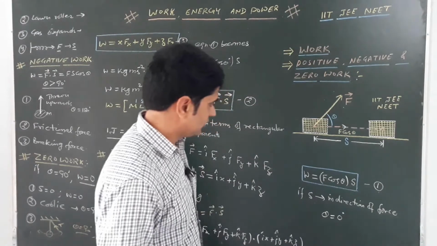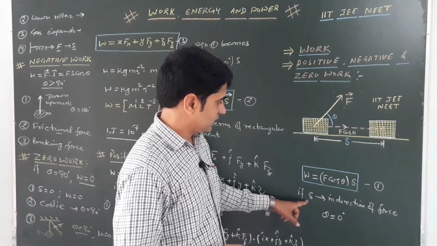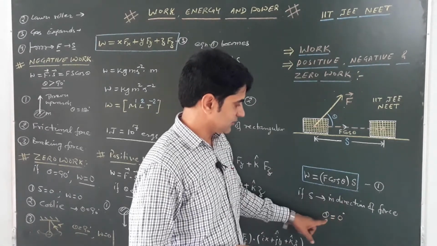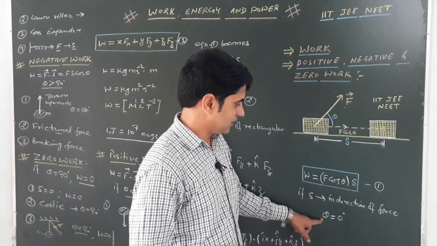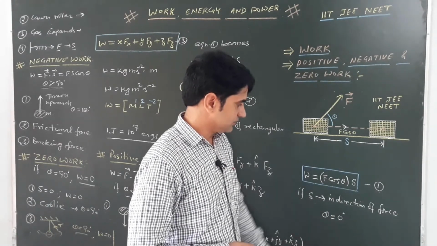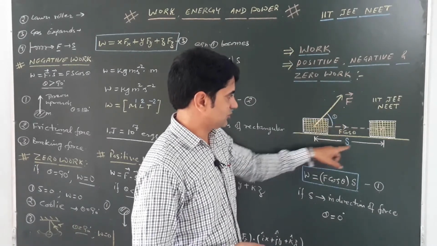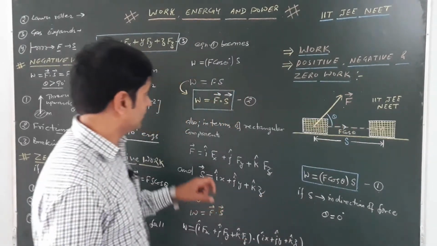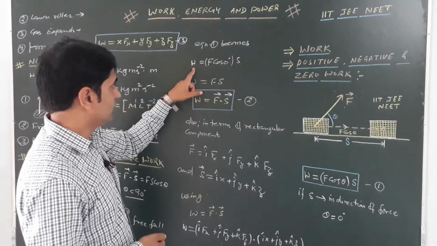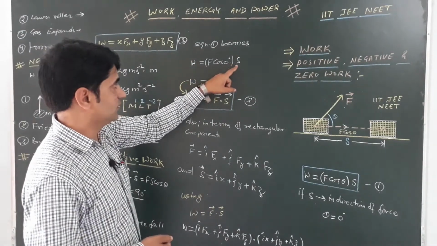If the displacement is in the direction of force, then theta equals 0, where theta is the angle between the applied force and the displacement. So we can write equation 1 as work done equals F cos 0 into displacement.